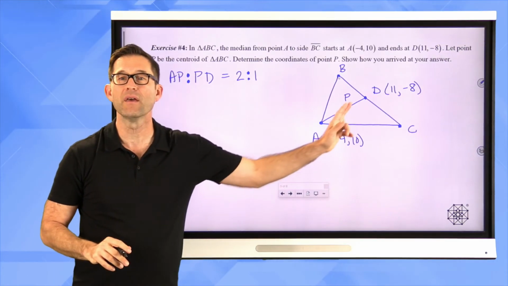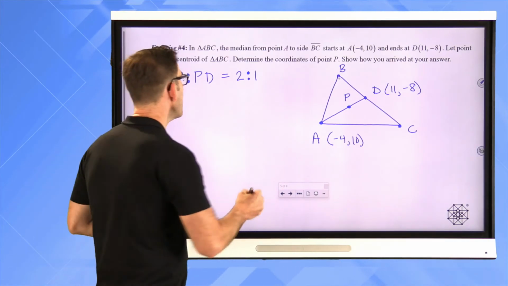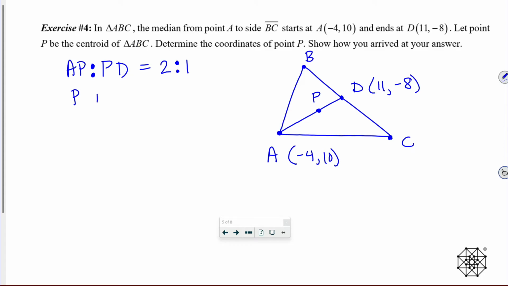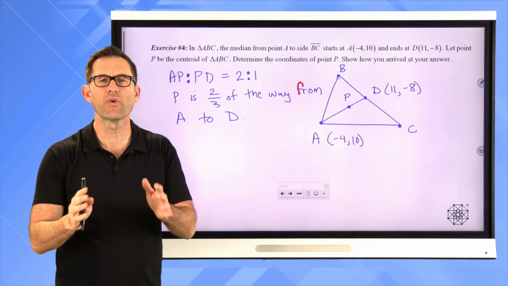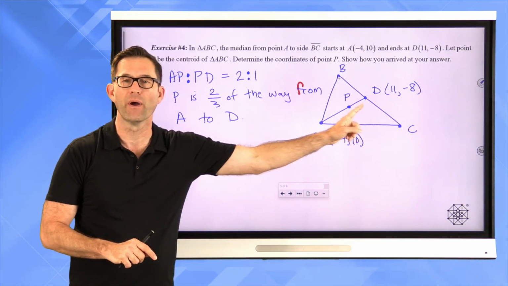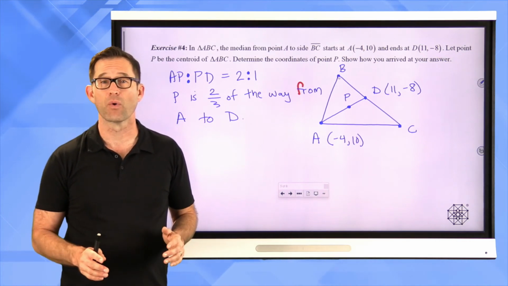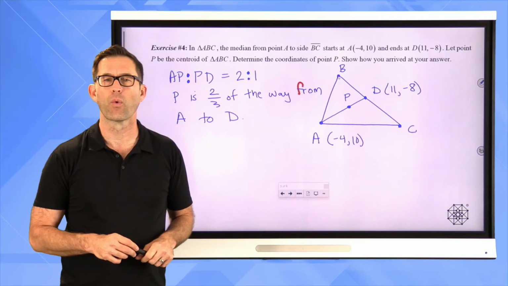So I know that P is 2/3 of the way from A to D, right? Point P must be located 2/3 of the way from my starting point to my midpoint over here. So I now need to just do that directed line segment work. See if you can figure out what the coordinates of point P are.